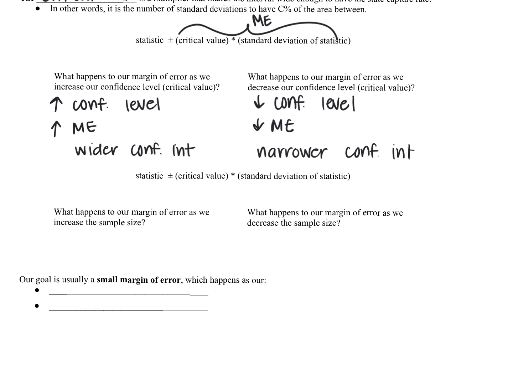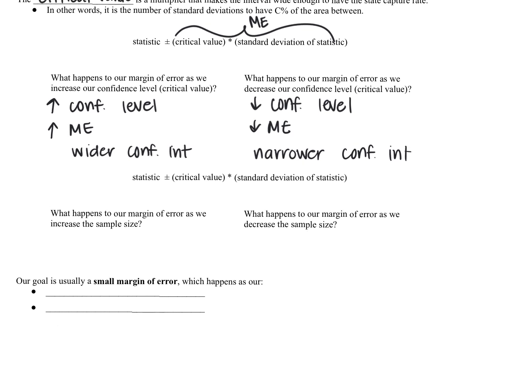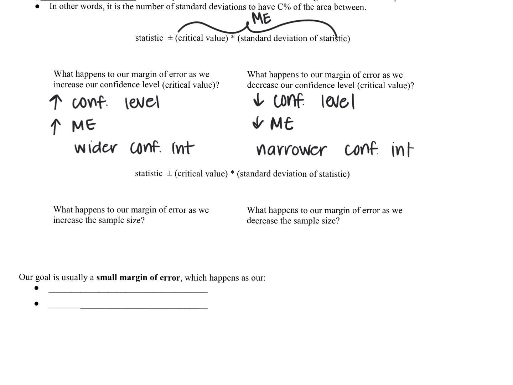So standard deviation would decrease, which means what happens to the margin of error? It decreases. So if you increase n, you decrease standard deviation, which decreases margin of error, which actually gives you a narrower confidence interval. So opposite effect.